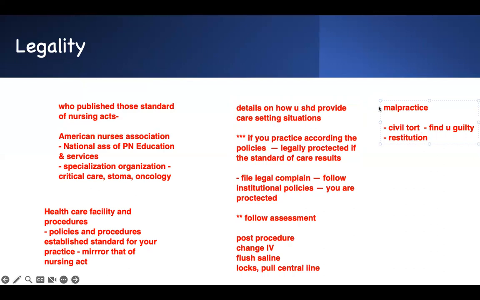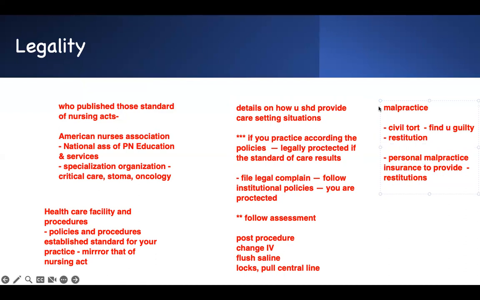That means you have to pay something. That is the problem. And it's very good for a nurse to sometimes carry personal malpractice insurance, if you have money, to provide for this situation. In terms of restitution, rarely would they file a criminal charge or anything like that.